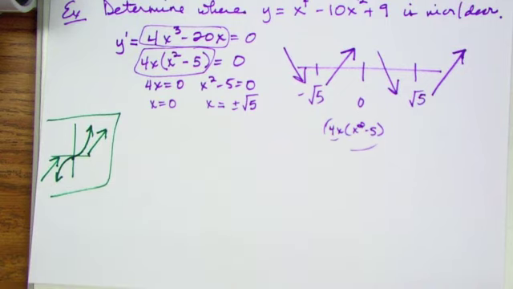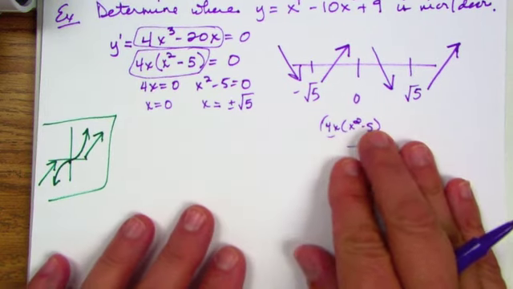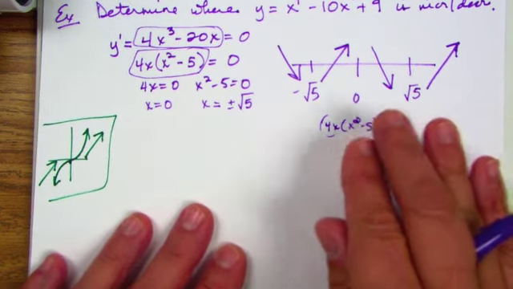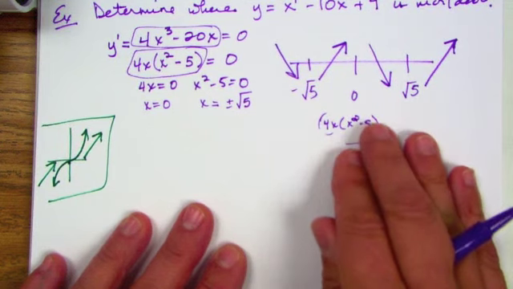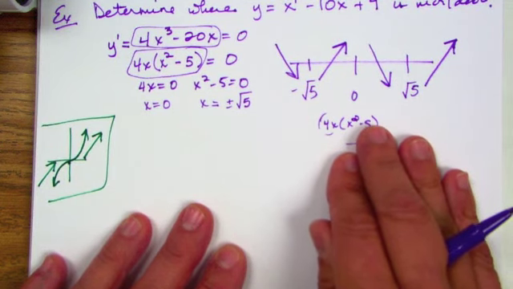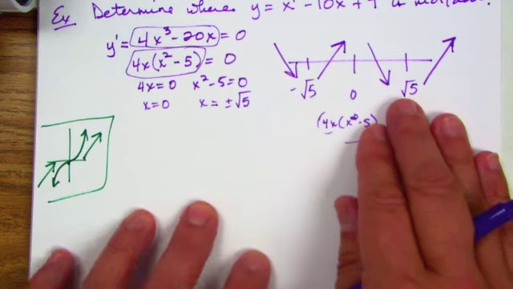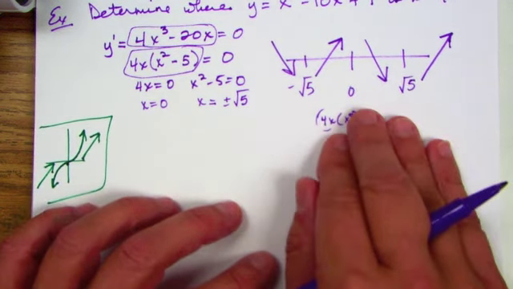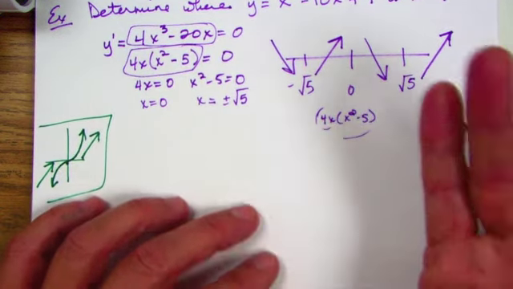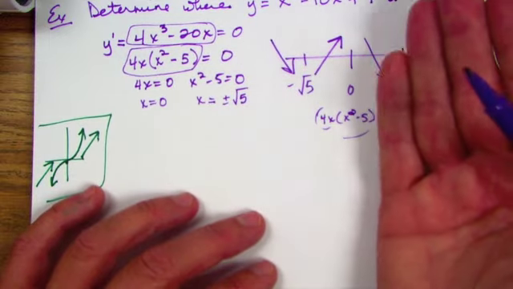Okay, so the question said determine where that function is increasing and decreasing, okay? This sign chart is not enough. You have to summarize the findings of your sign chart. Yes, it makes sense, and AP used to actually take this as an answer to the question, but now they don't.